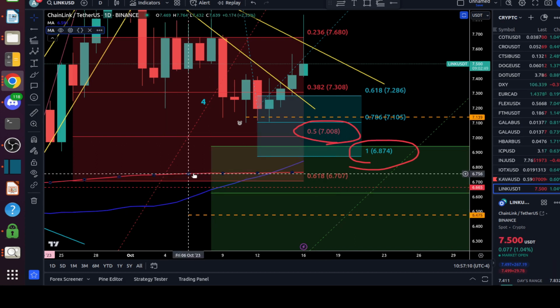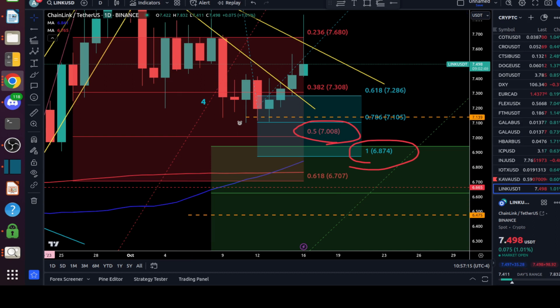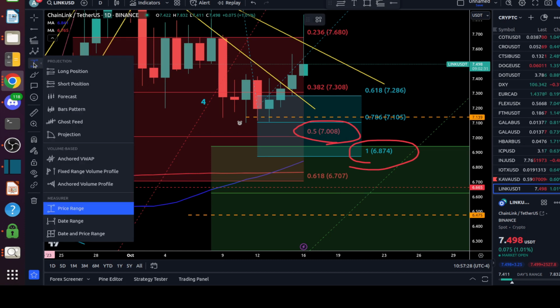I think here is also the MA200. Indeed it is. The MA200 is $6.76. You need to be aware of these things. Now, for sure, if price goes to 7, what's the percentage of room that we're giving?